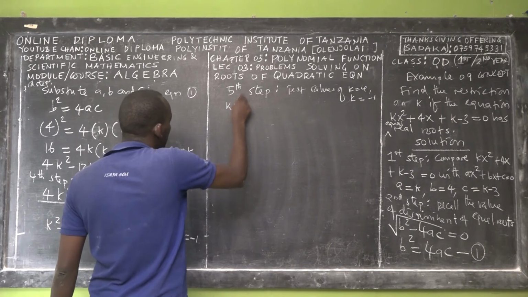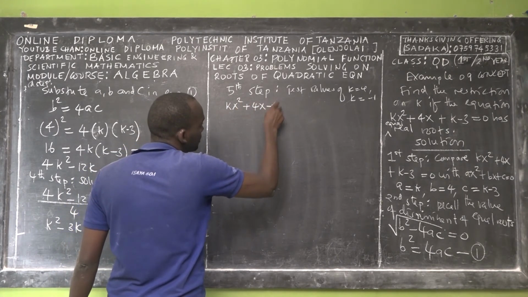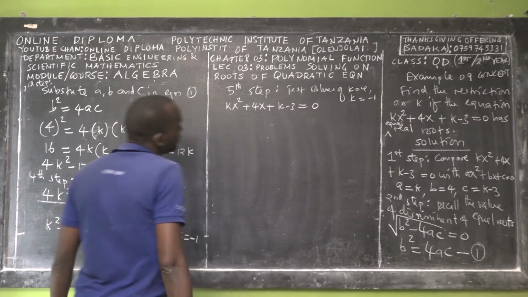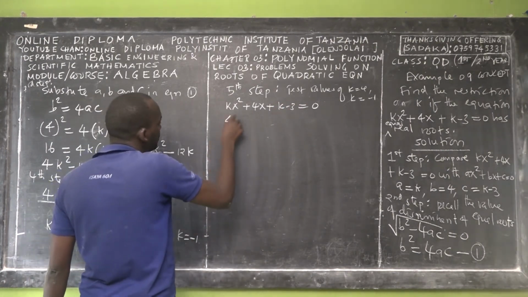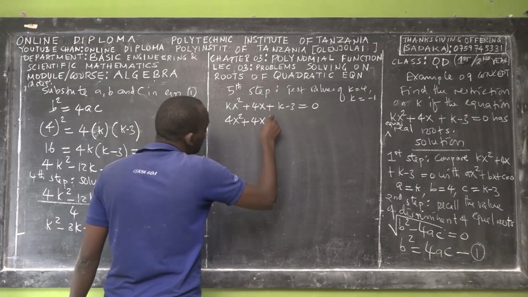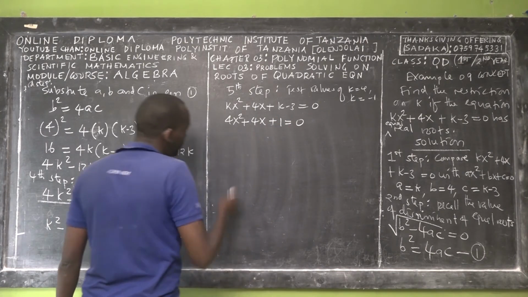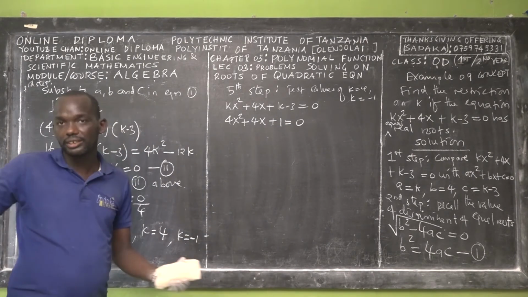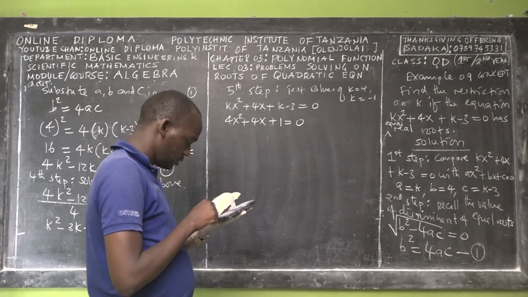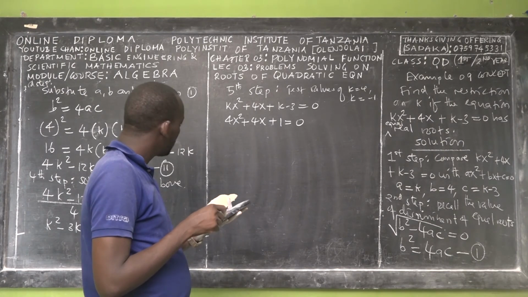So this is kx squared plus 4x plus k minus 3 is equal to 0. When k is equal to 4, we have 4x squared plus 4x plus 1 is equal to 0. Solve it using a scientific calculator.